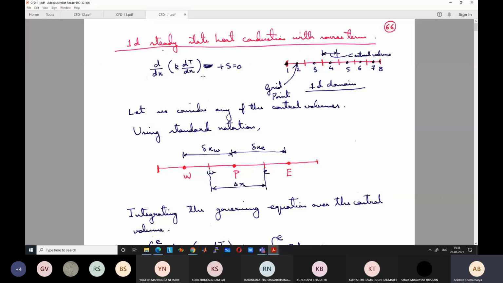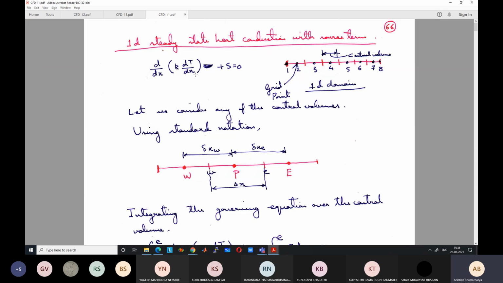So you already know that there are four important terms in the governing differential equation: the unsteady term, the convective term, the diffusive term, and the source term. Our aim is to first find the finite volume discretized equation for the diffusive term with source term.